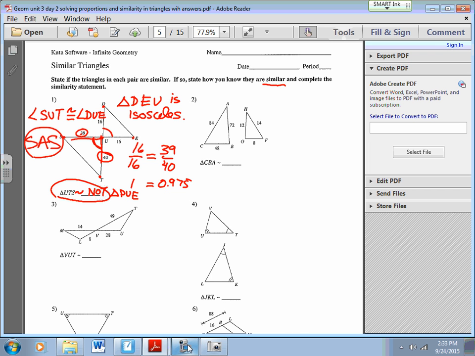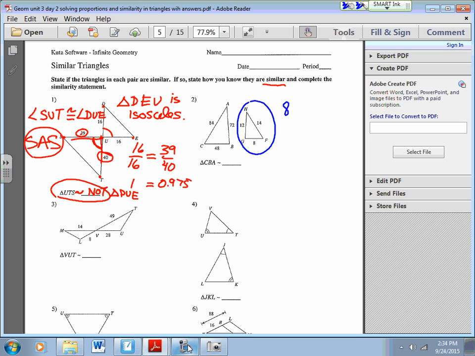Now, how do you know which numbers to set up over each other? Here's my rule. Do the smaller figure. You can do the smaller one over the larger figure, or you can do the larger figure over the smaller one. It doesn't matter. The sides should still give you the same proportion. I don't know if there's an enlargement or reduction at all, but I do know that the figure that I circled right now has 3 sides.